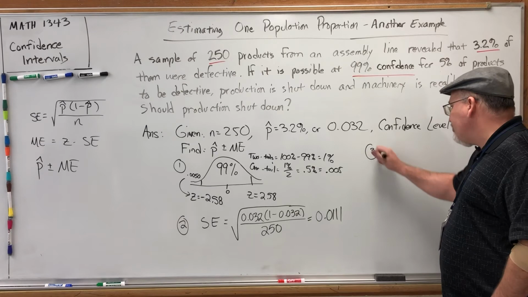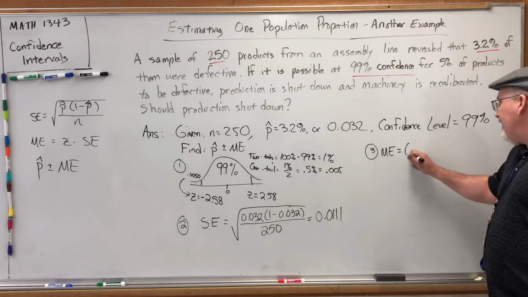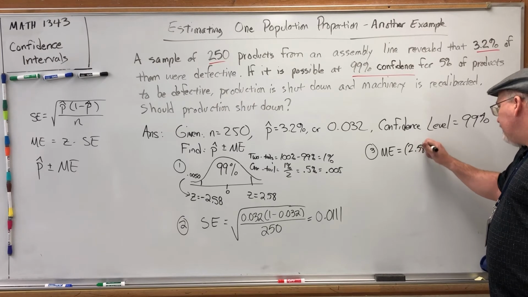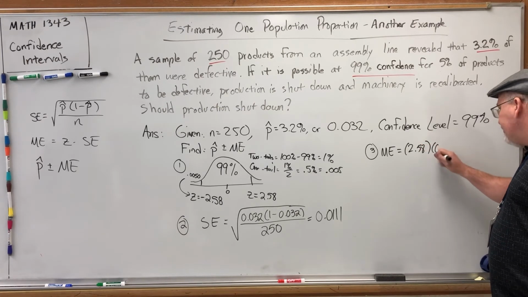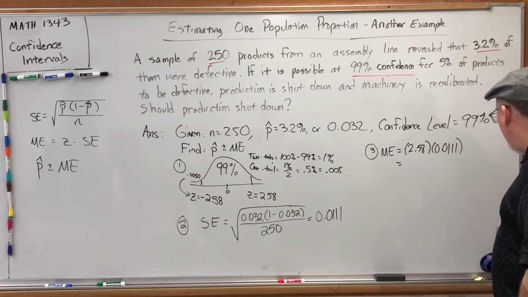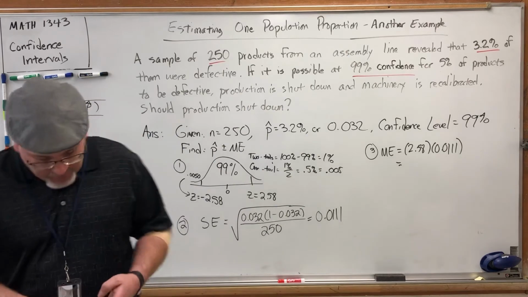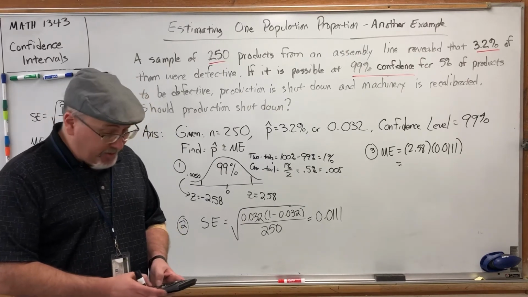Step 3, margin of error. Simply multiply the z, which was 2.58, times the standard error, 0.0111. I can do this without a calculator, because it's just a bunch of ones, and I did number sense in high school.